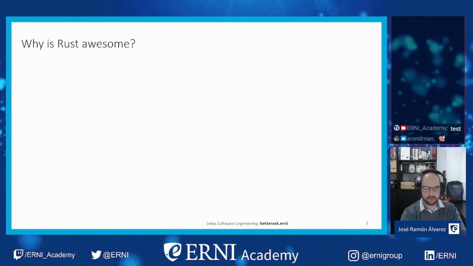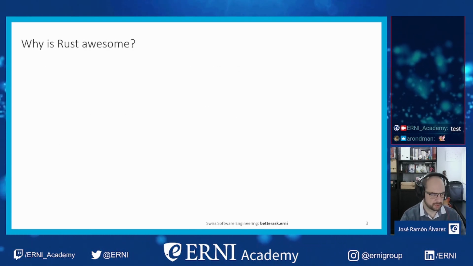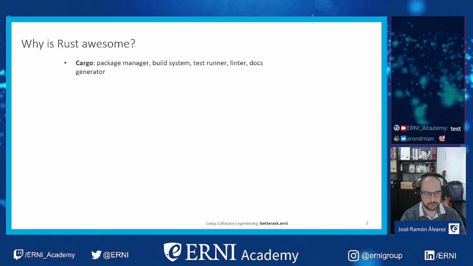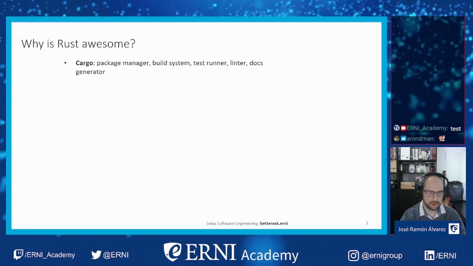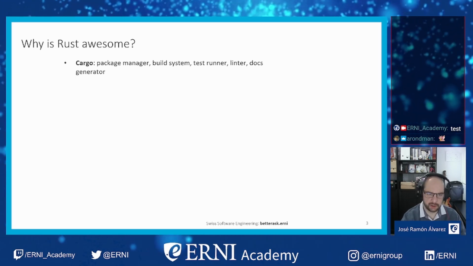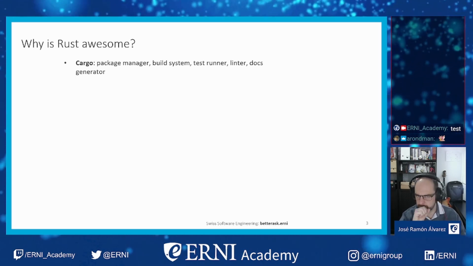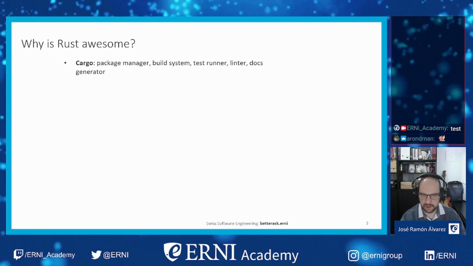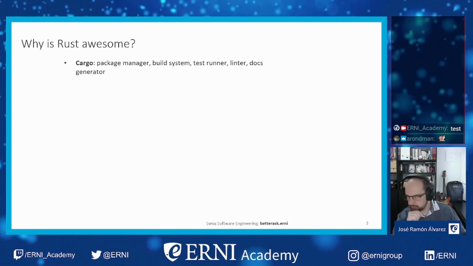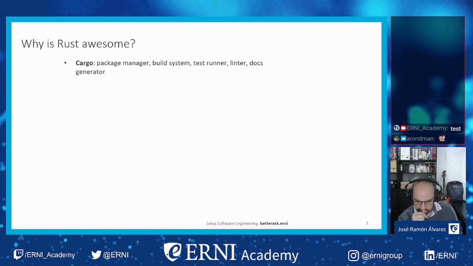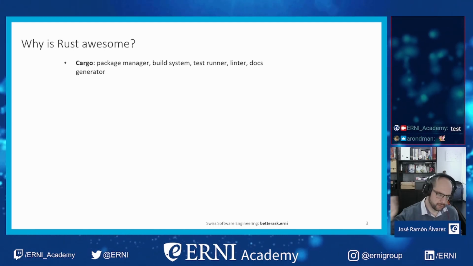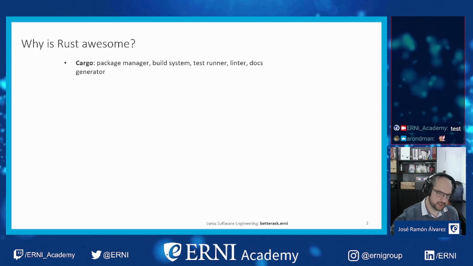Well, then why is Rust awesome? Well, we have Cargo, which is a Swiss Army knife tool, a super tool including a package manager, a build system, a test runner, a linter, and a docs generator. The package manager is cool because you only have to write a dependency list and it goes to a repository and fetches the dependencies for you.